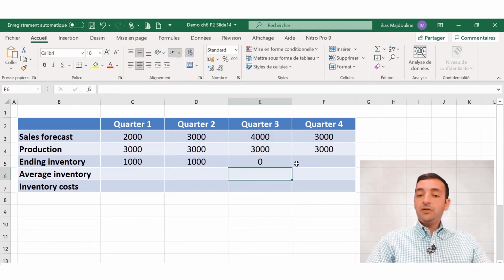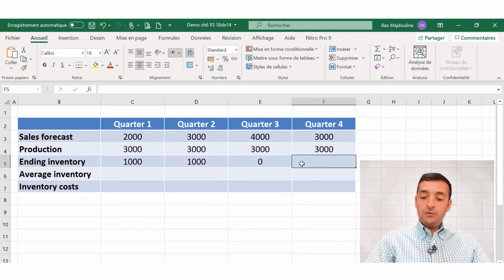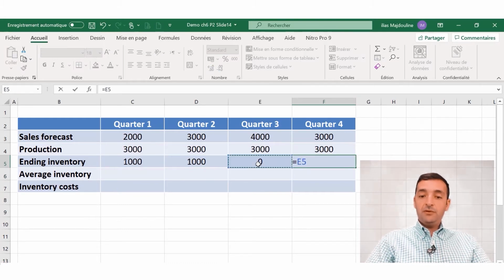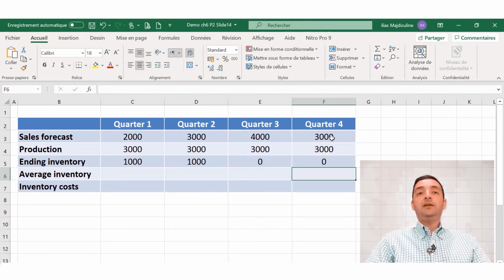The ending inventory in quarter 3 is 0, and we do the same thing for quarter 4: ending inventory plus production minus sales forecast, and the ending inventory for quarter 4 is 0.